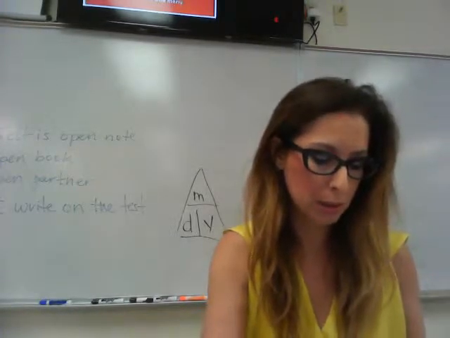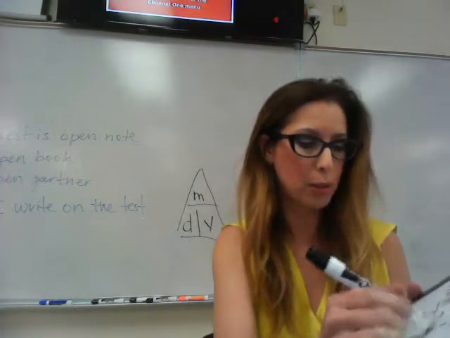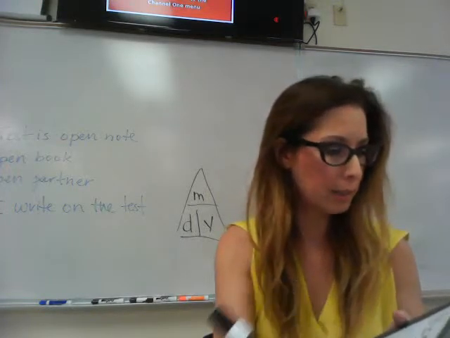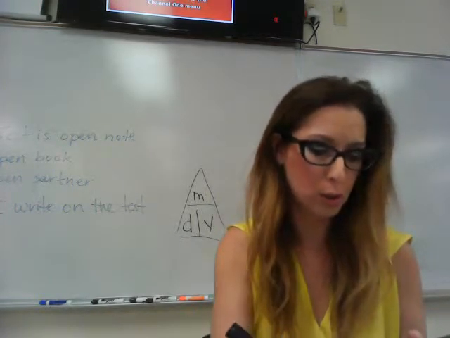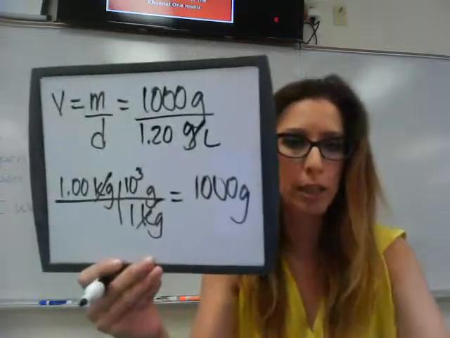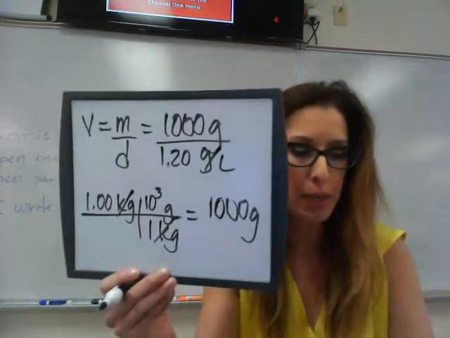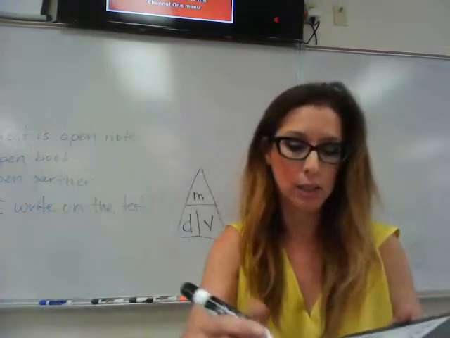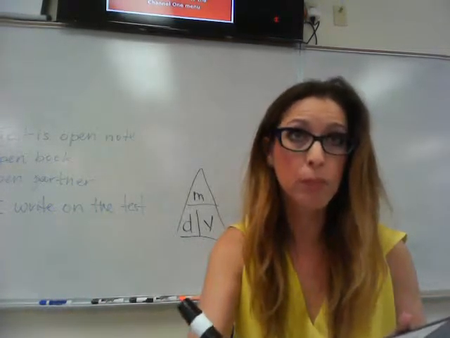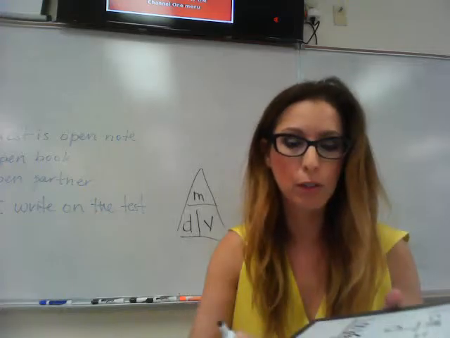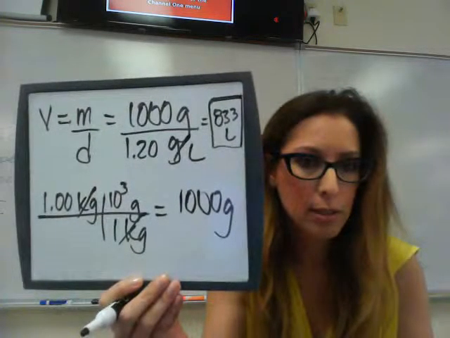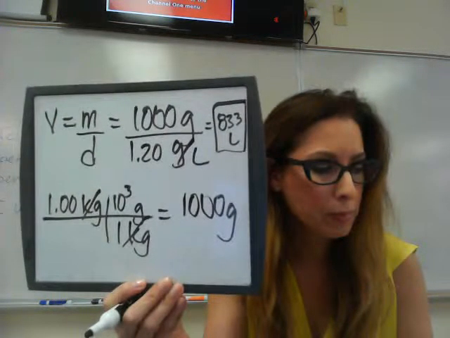It's going to be 1,000 grams, so it goes up on top. The density is 1.20 grams per liter, so it's going to go here. Okay. 1,000 divided by 1.20 is going to be 833 liters. You want 3 sig figs in your answer. Looks like this. Okay?